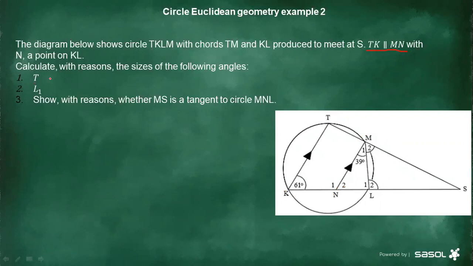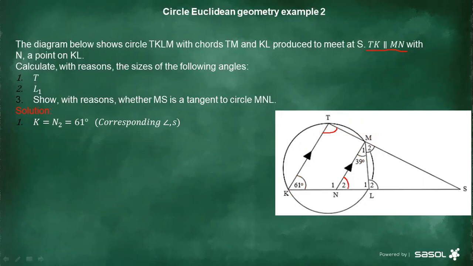Now the first question says angle T, meaning we need this angle here. We have to calculate this angle. The only angle that we have is angle K. We also have angle M1, which is 39, and this one is 61 degrees. Now let's see how we do that. We say angle K equals angle N2.